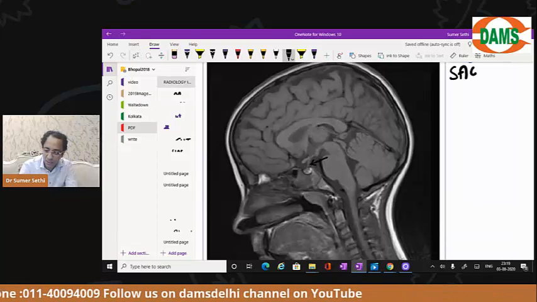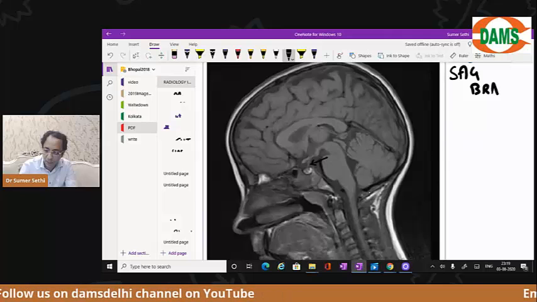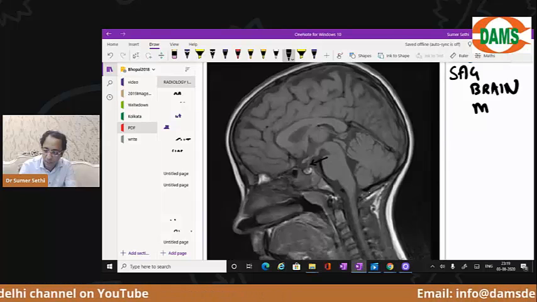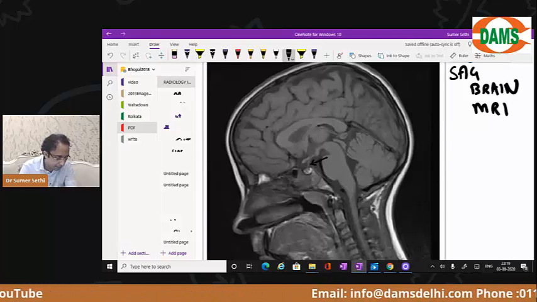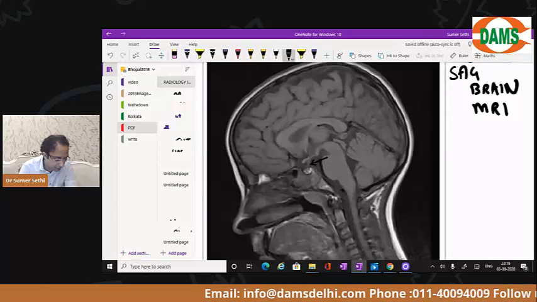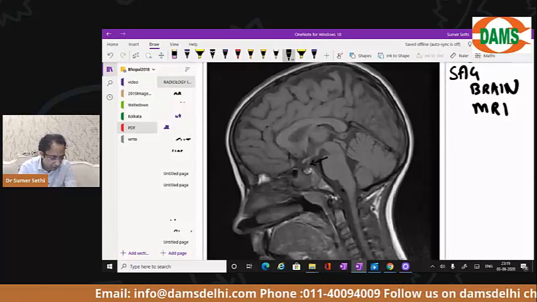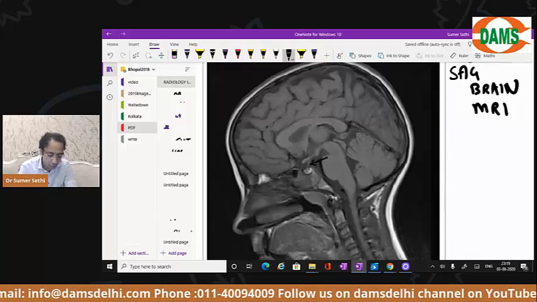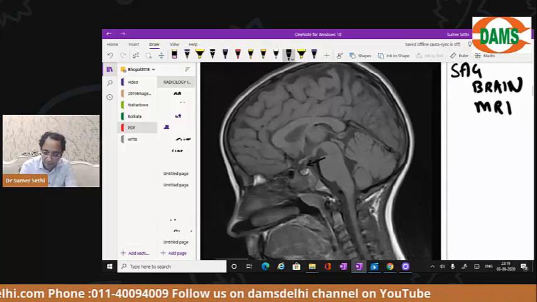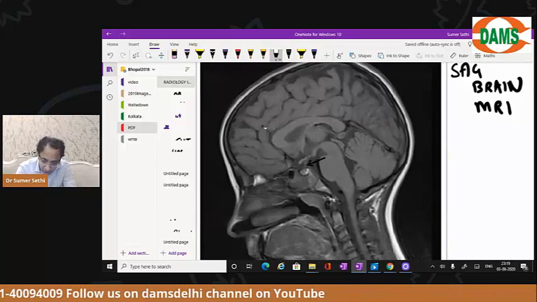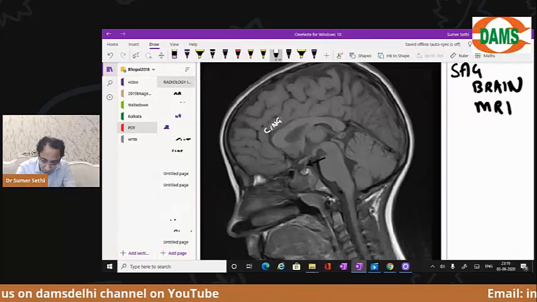So, sagittal image of the brain. We are looking at a sagittal MRI image of the brain. Okay, I will show you. Now everybody listen to me. This is your cingulate gyrus.